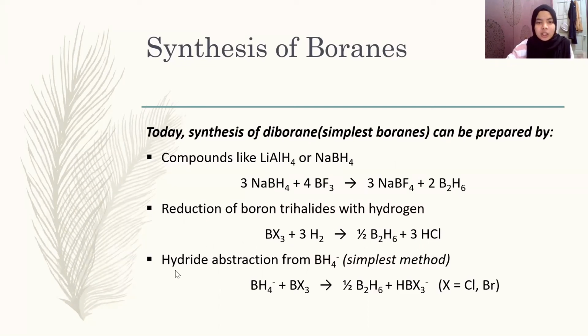And the last one, hydride abstraction from the BH4 negative species. This is the simplest method. When we react the BH4 negative with the boron trihalides, where X is a halide, Cl or Br, it will also produce diborane.